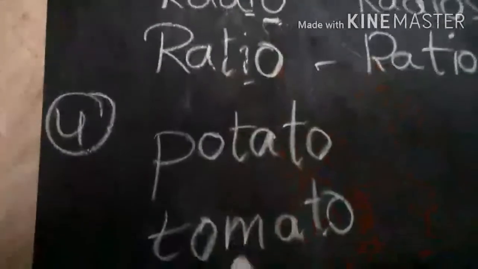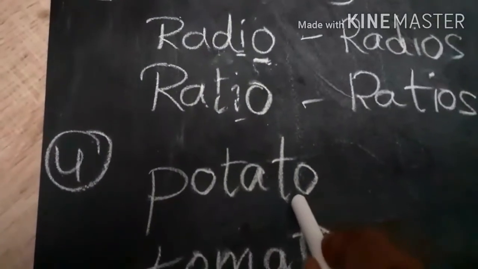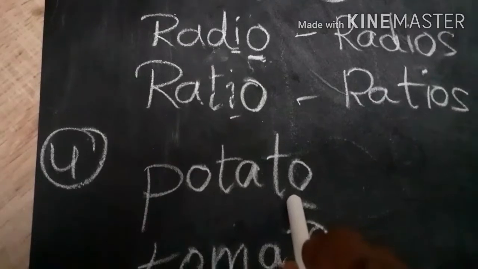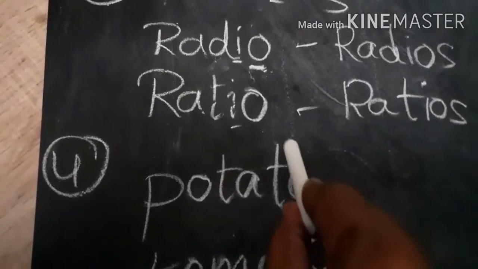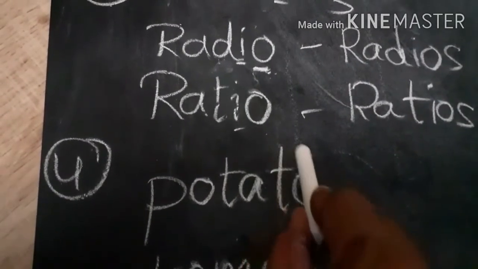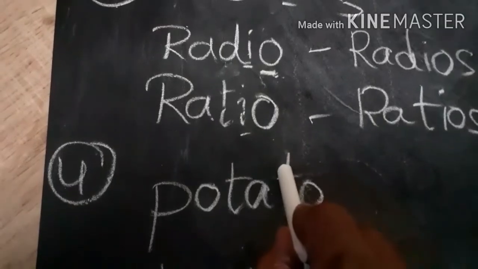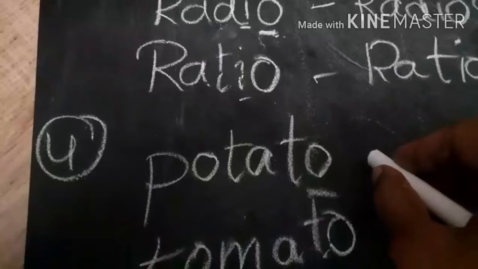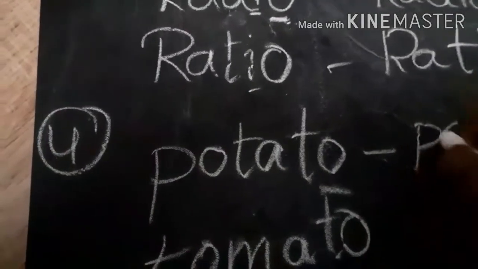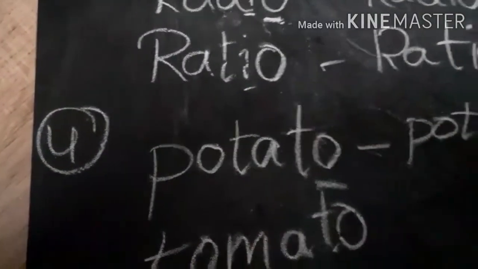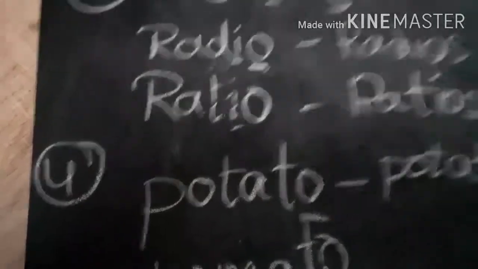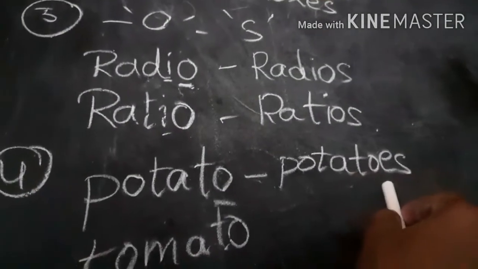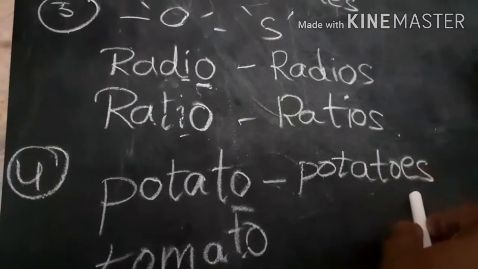But in the fourth exercise, the word ends with O, but it has a consonant before. Understand children? That time we have to add ES to make a plural word.